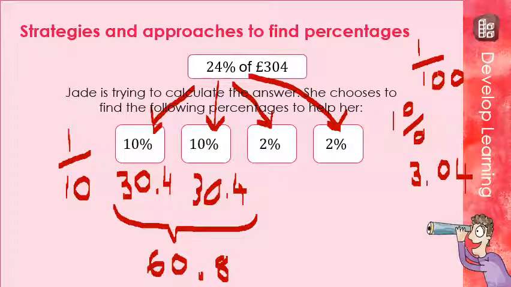That's 1%. Now, we've got a choice here. We could either multiply this straight away by 4 to get the whole 4%, or like Jade's done, we could separate it into 2 and then 2. Maybe it's not the most efficient method, but if that's what helps her, then that's absolutely fine. So here, 2% would be 6.08.